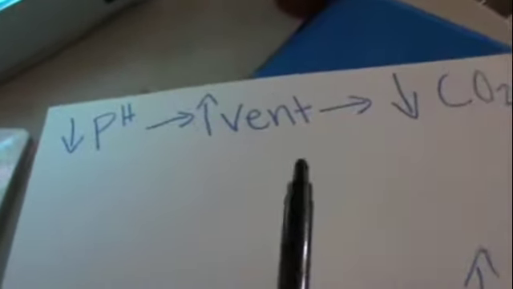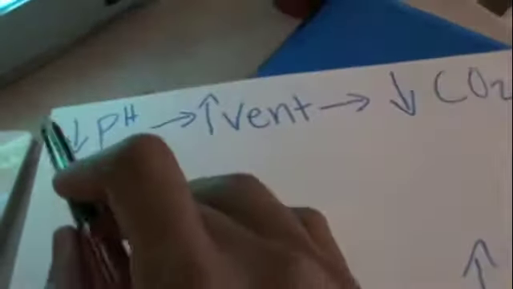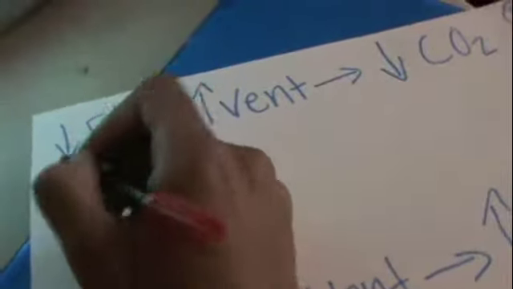Before we had respiratory, now it's metabolic. So what kind of metabolic is it? We have a low pH, so it is metabolic acidosis. When you want to figure out what kind of problem it is, if it's alkalosis or acidosis, just look at where the problem started. So it is metabolic acidosis.